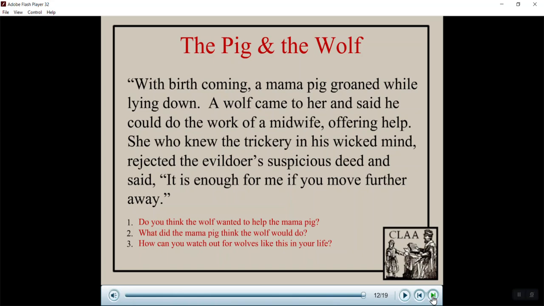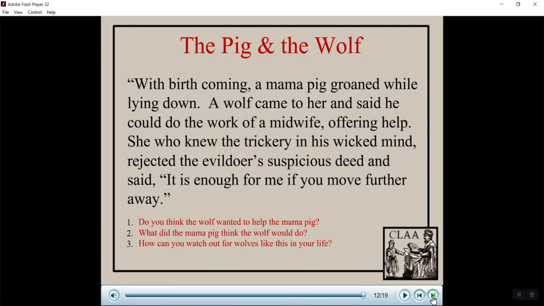With birth coming, a mama pig groaned while lying down. A wolf came to her and said he could do the work of a midwife, offering help.